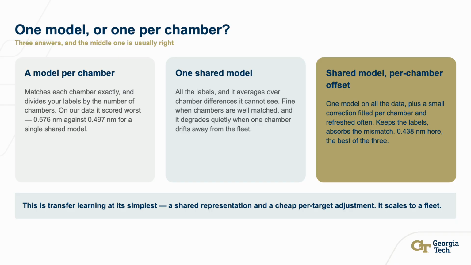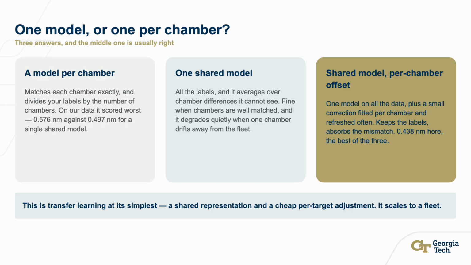No single model residual chart is watching the chamber specifically. Shared model plus a per-chamber offset: one model fitted to everything, plus a small correction fitted per chamber and refreshed often, 0.438 here, the best of the three. And notice the shape of that solution because it recurs everywhere. A shared representation learned from all data plus a cheap per-target adjustment that learns from a little.